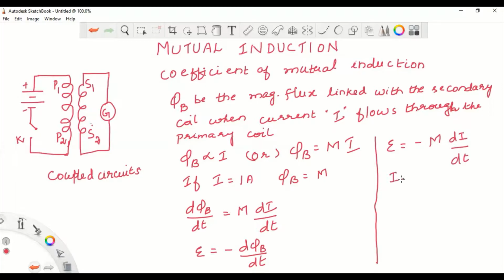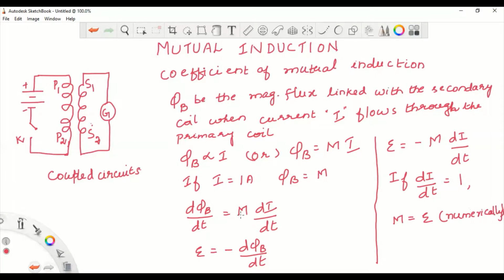If di by dt is equal to 1, then mutual inductance is numerically equal to the induced EMF. The word numerically is very important here, children.